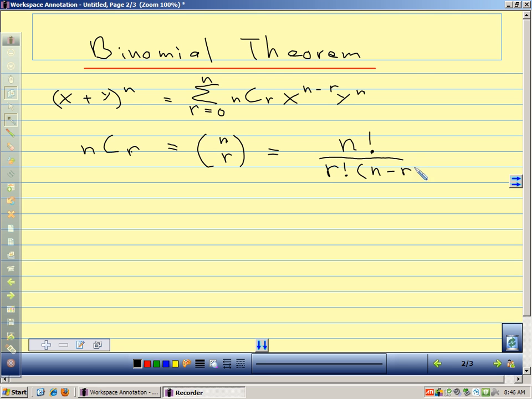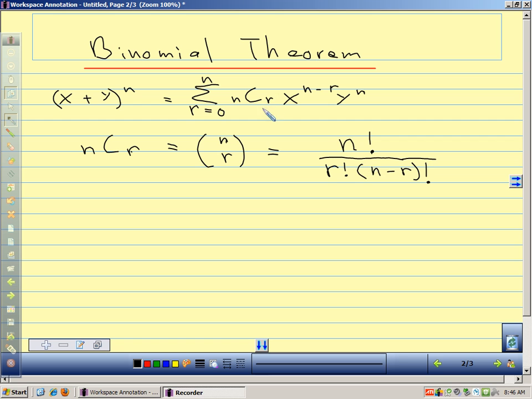Is that n over r? Yes, and that's how we read that, n over r. When we see it in brackets, it's the same as this symbol, and this is how it's defined: n factorial over r factorial times n minus r factorial.